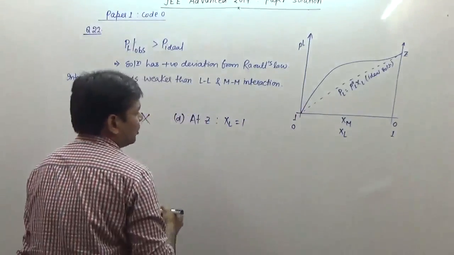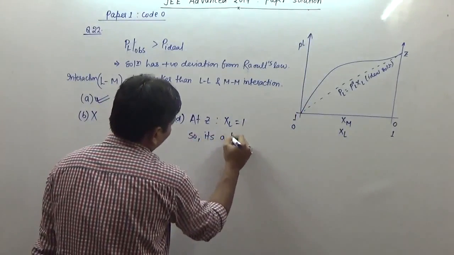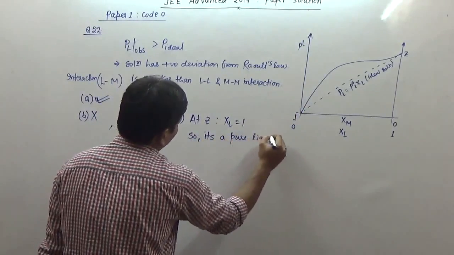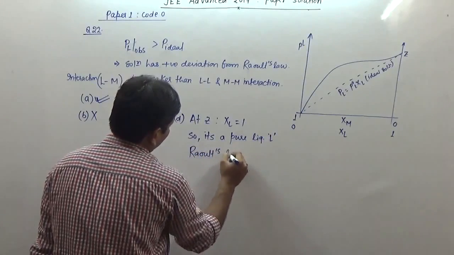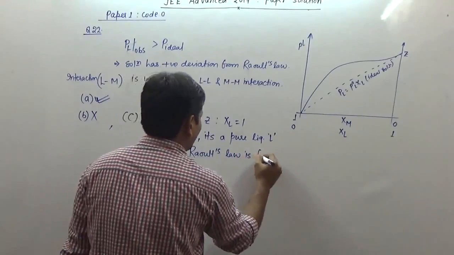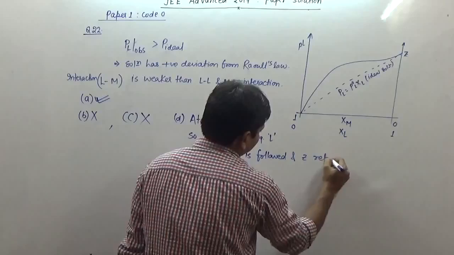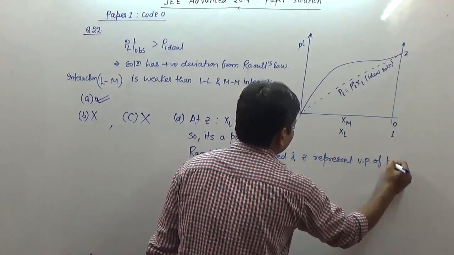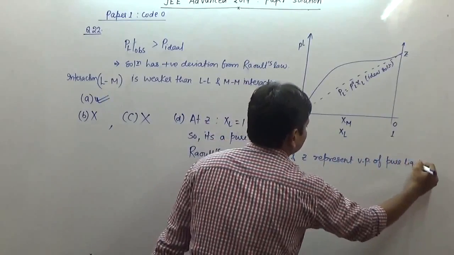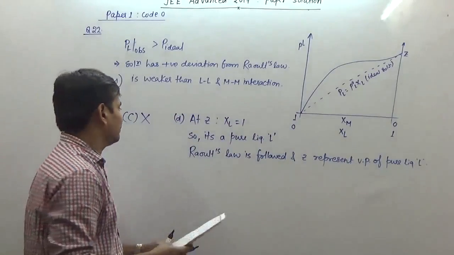It means it's a pure liquid L. So Raoult's law is followed here, and Z represents vapor pressure of pure liquid L.